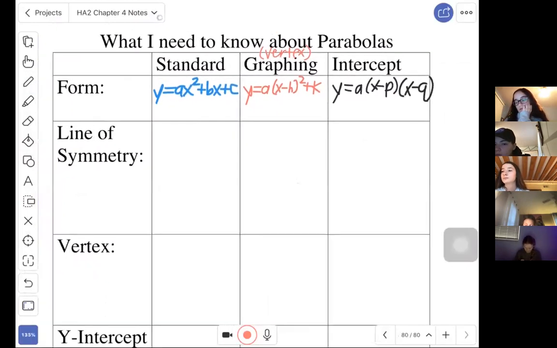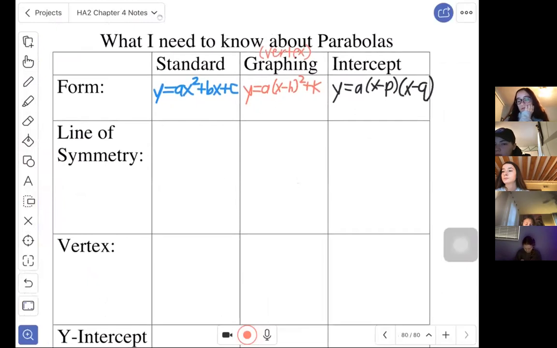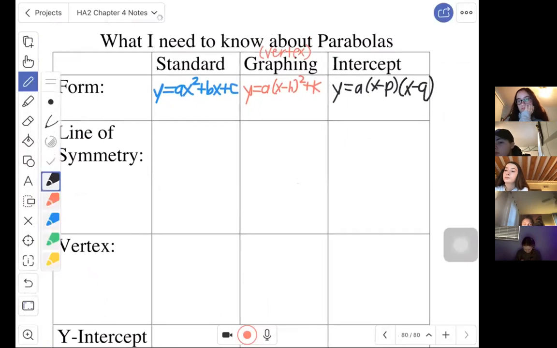Now we're going to think of that axis of symmetry, that line of symmetry, the axis. We always labeled it AOS. For standard form, how do we find our axis of symmetry?